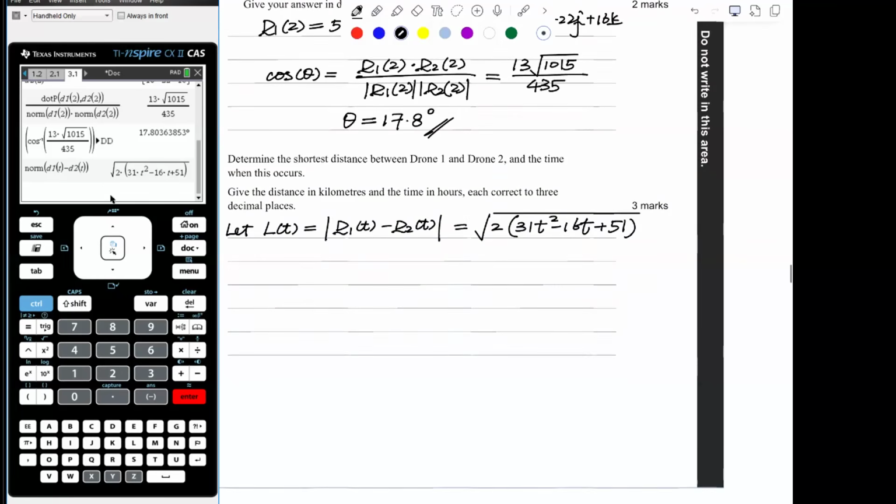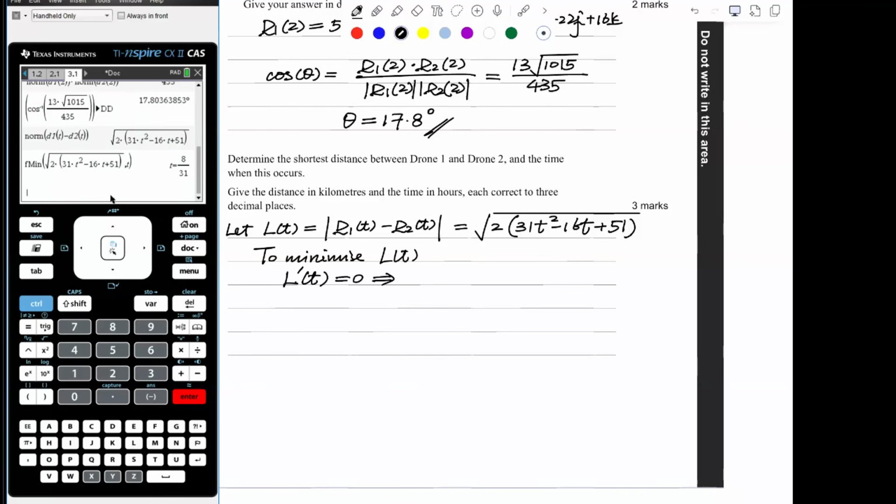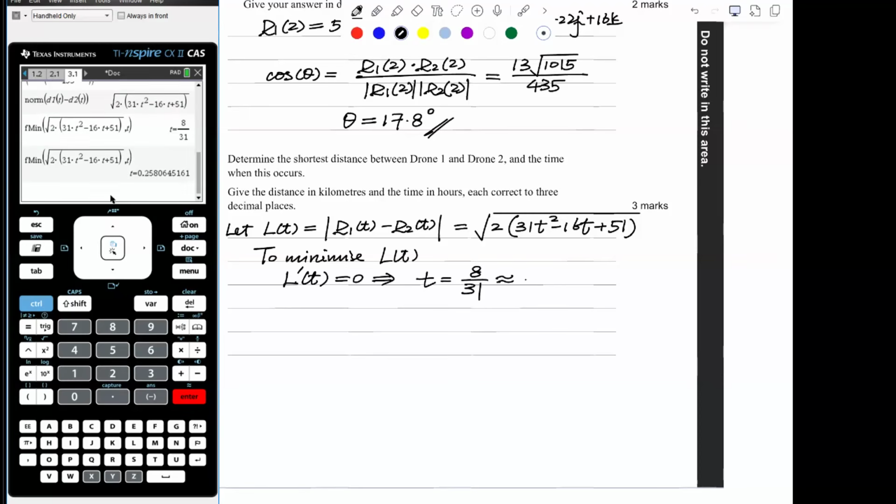And then to minimize this function, we take L dash t equal to 0, or use fMin actually. So t equals 8 over 31, and we round the time in hours correct to 3 decimal places. So let's say this is 0.258 hours.